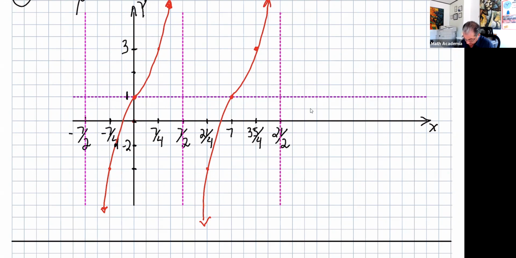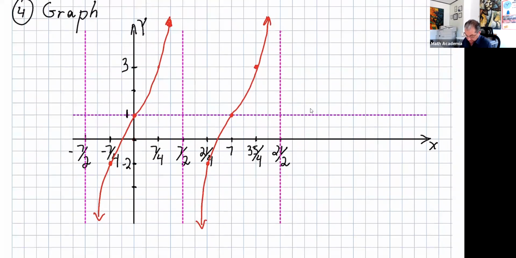So basically it's right here. So again, it's going to go from negative 2 up to 3.